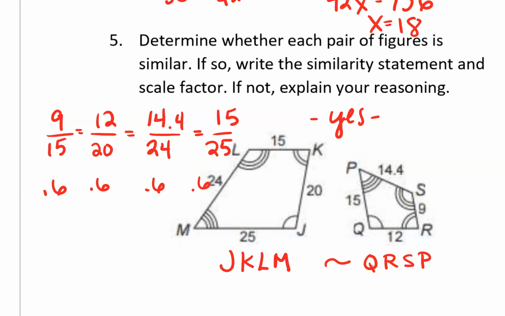And then our scale factor is 0.6. Again, to turn 0.6 into a fraction, I'm going to either reduce or use my calculator. I'm going to hit the second button and then the arrow button to turn it into a fraction. So a scale factor of 3/5.